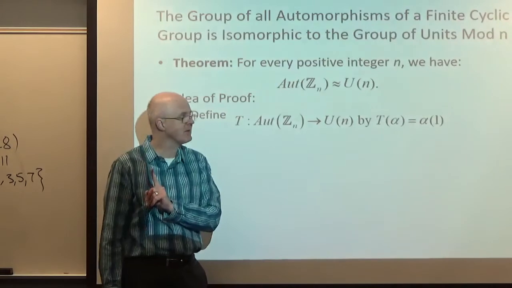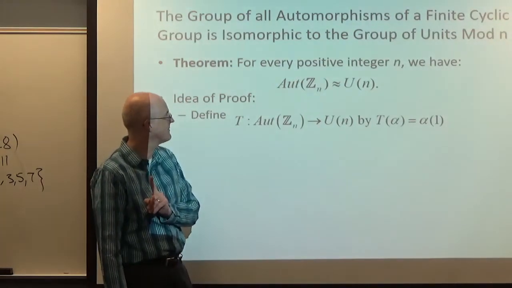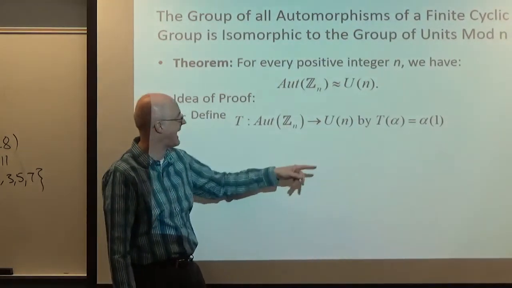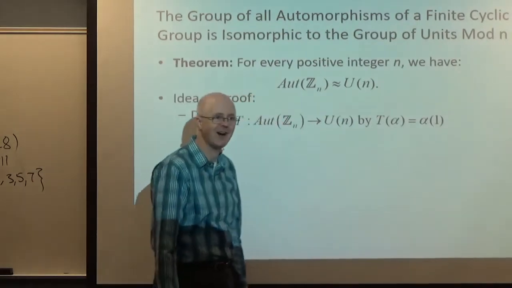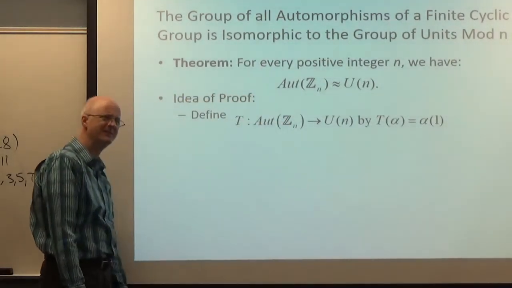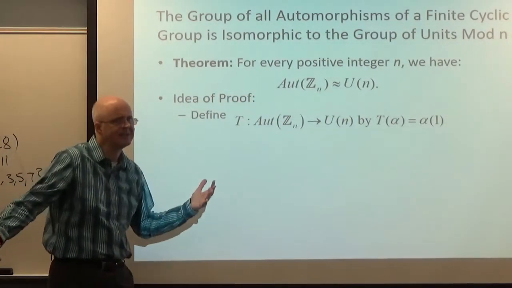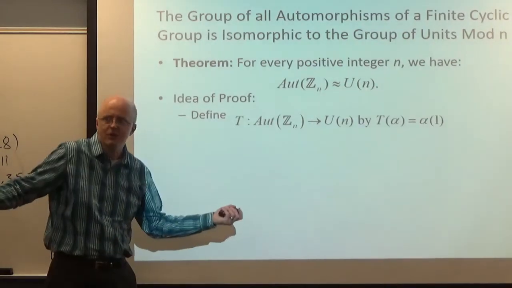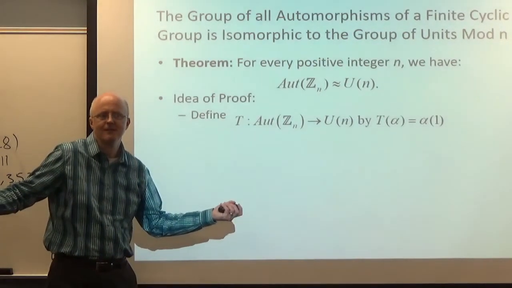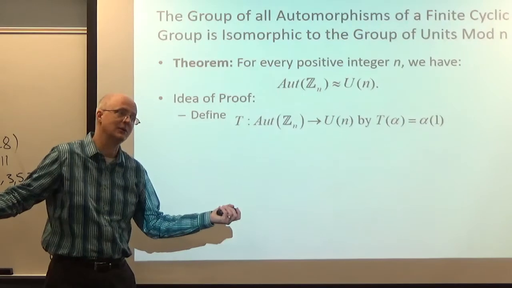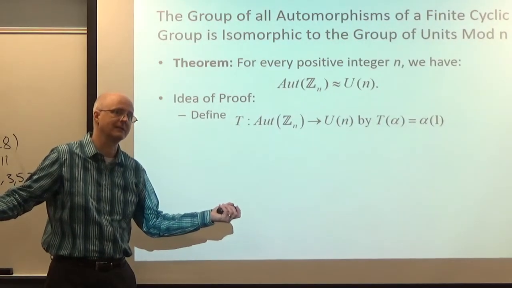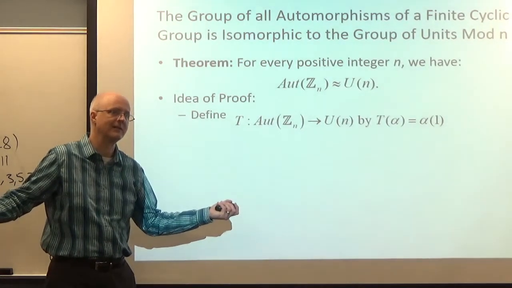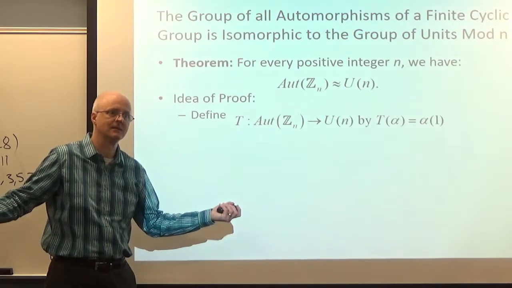What is the output of an arbitrary automorphism of Zn at 1? That's what we're going to define T of alpha to be. Kind of strange. That's maybe not so obviously the only thing you could do, and in fact, it's not the only thing you could do. You could define this isomorphism in other ways.